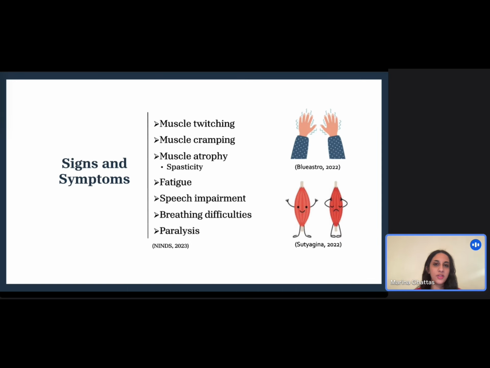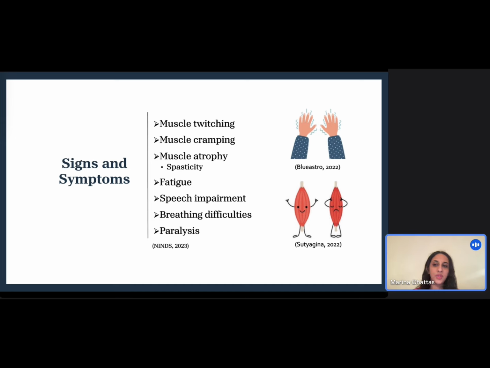The signs and symptoms of ALS include muscle twitching, especially in the arms, legs, shoulders, or tongue, muscle cramping, muscle atrophy, which means that muscles decrease in size, and what comes with muscle atrophy is plasticity, and this is the stiffening of muscles.